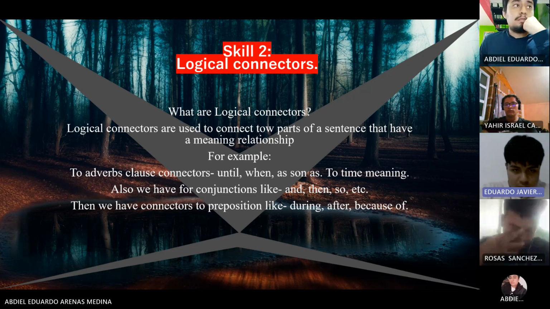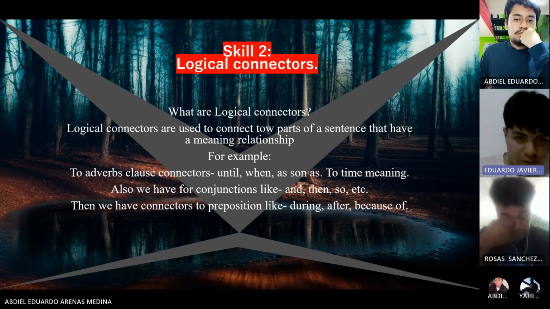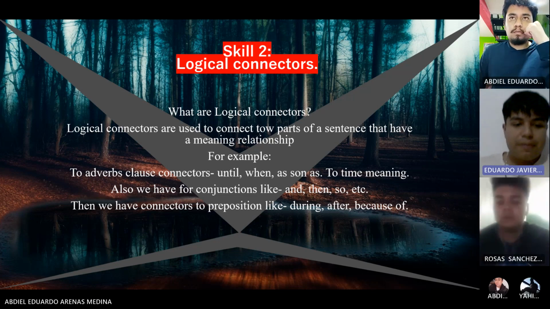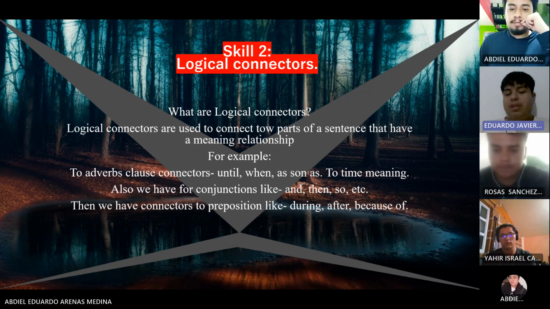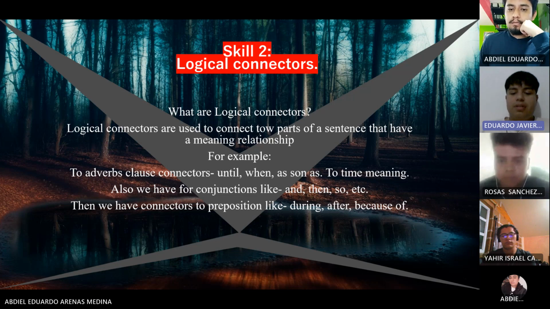We have some examples like two adverbs, clause connectors: until, when, as soon as, with time meaning. And then we have connectors with prepositions: during, after, because of.